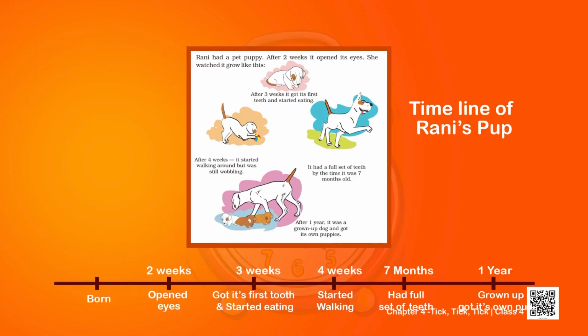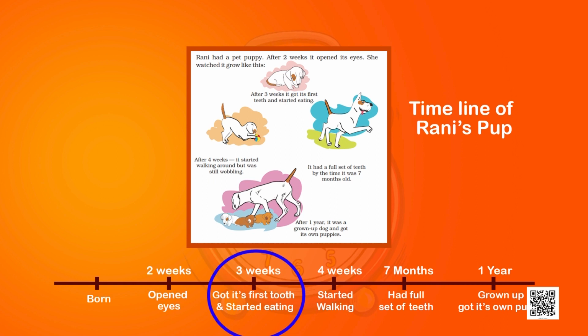Okay, the first entry is the puppy is born. Next, after 2 weeks, it opened its eyes. Good. After 3 weeks, got its first tooth. Also started eating.